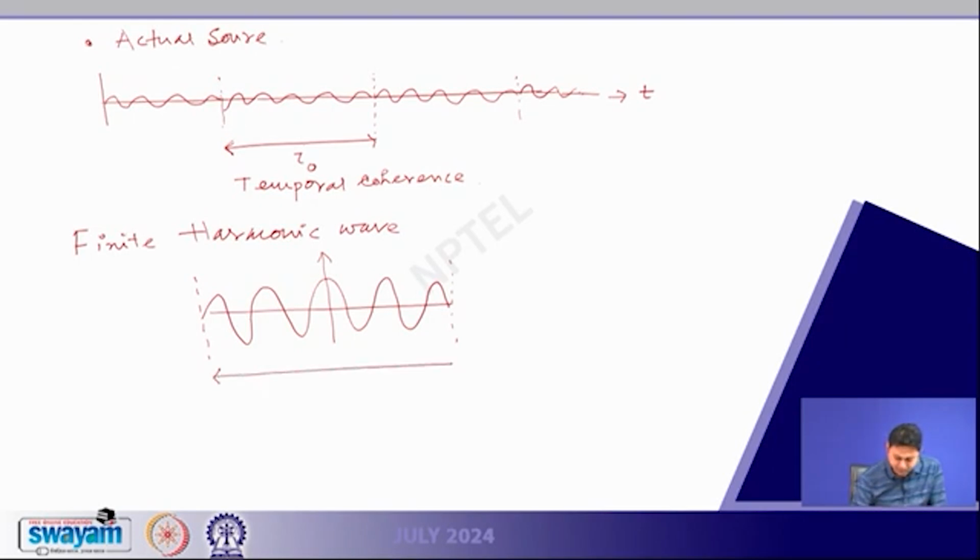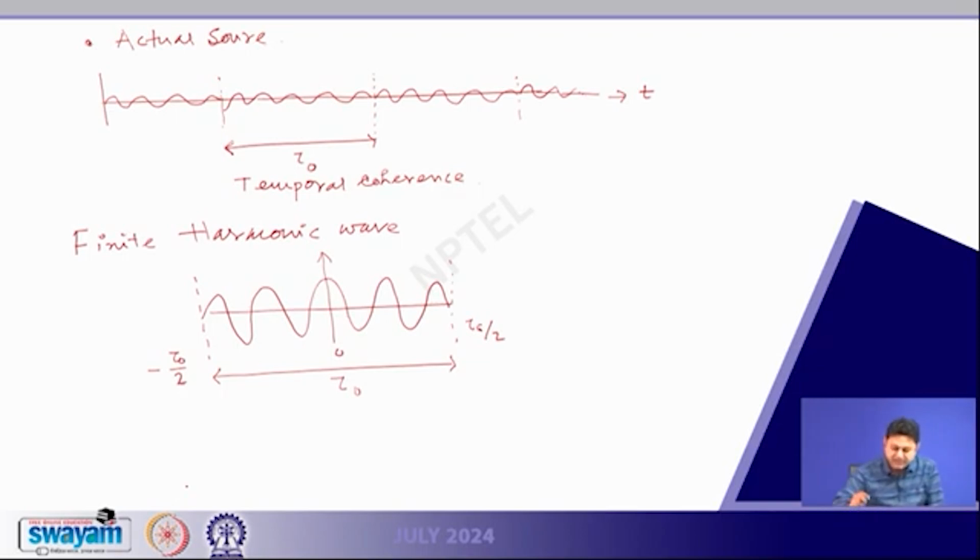From here to here it is tau naught, and if this is my 0 position, then this is tau naught divided by 2, and this is tau naught divided by 2 with a negative sign. So this is the distribution we have, which is a finite harmonic wave.